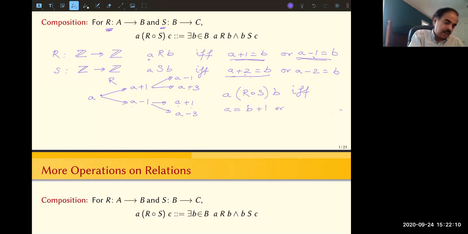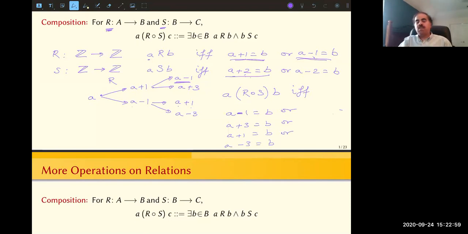I'm sorry, let's not change the way we are writing this. So you see A minus 3 equals B, or A plus 3 equals B, or A plus 1 equals B, or A minus 1 equals B. There are just 4 possibilities.